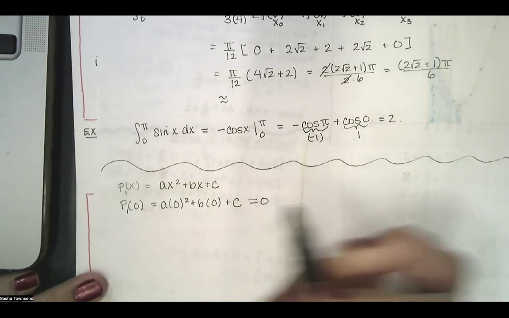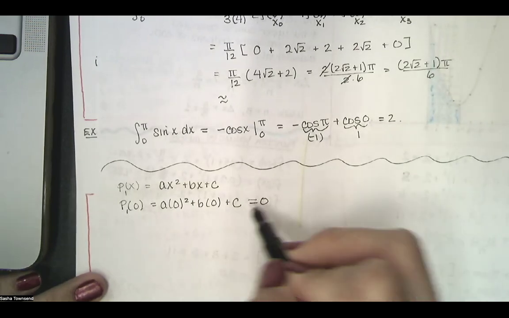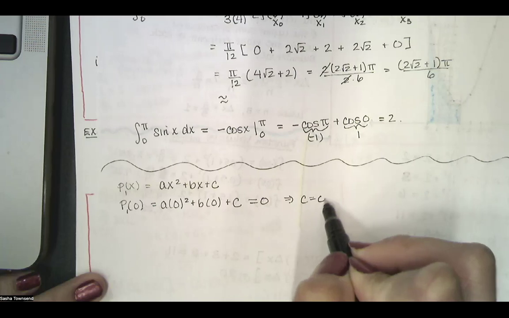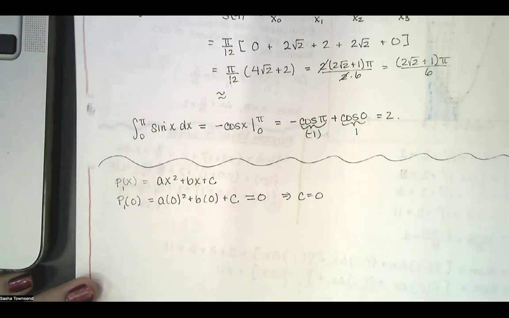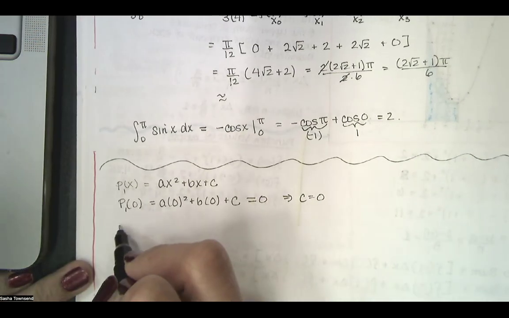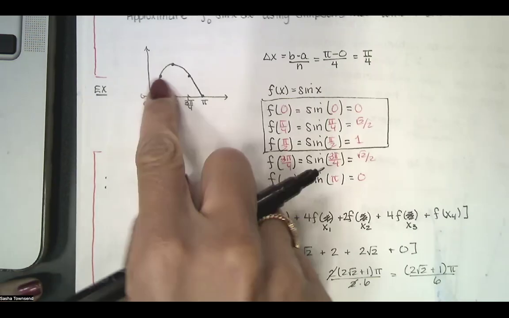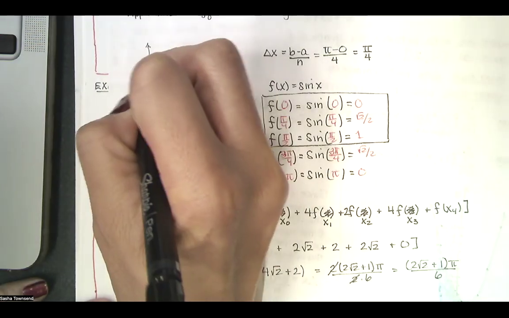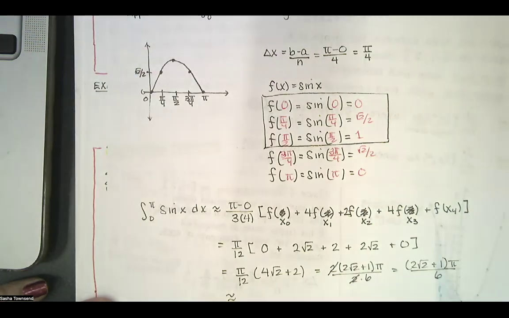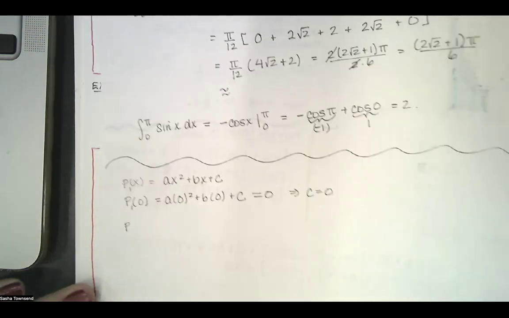I'm going to require this to be 0, so this just tells me that c equals 0. So the only non-zero coefficients are a and b. Then at pi over 4, our function value was square root of 2 over 2, or approximately 0.707.